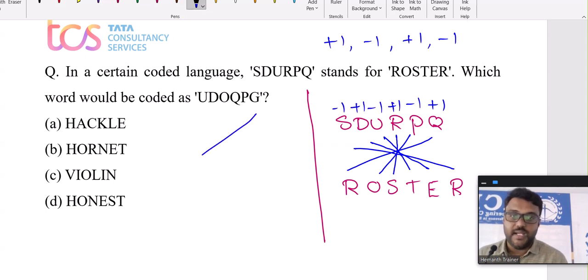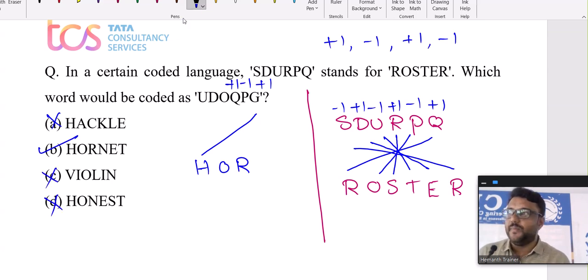Now G plus 1, G's next letter is H. P's previous letter is O. Okay, we still have two options with HO. Now Q's next letter is R, HOR. We have option B. No need to complete it fully, so make sure in the exam that time is important for us.